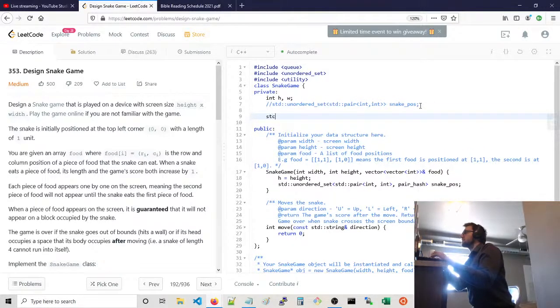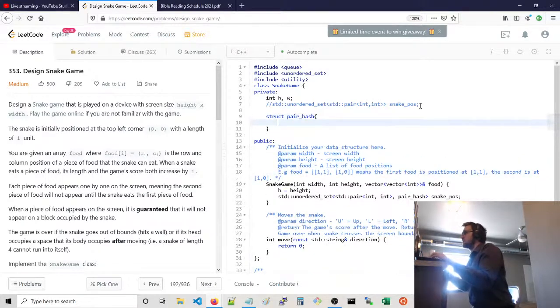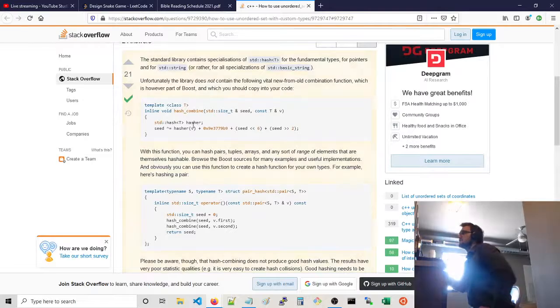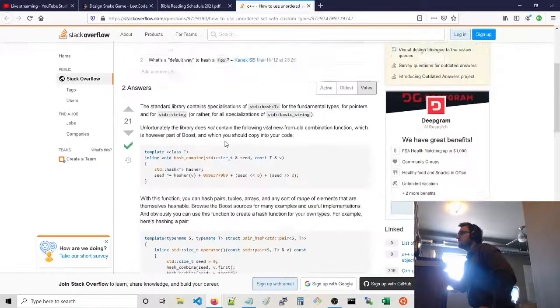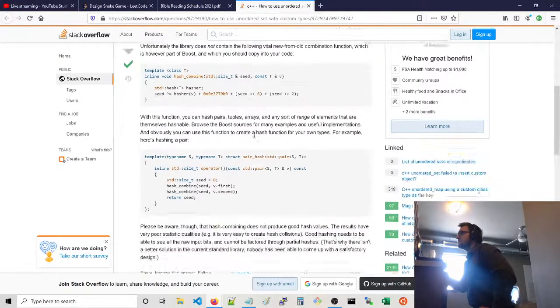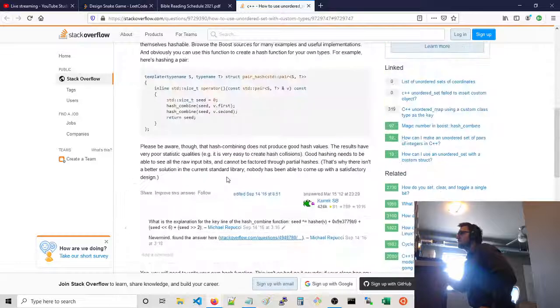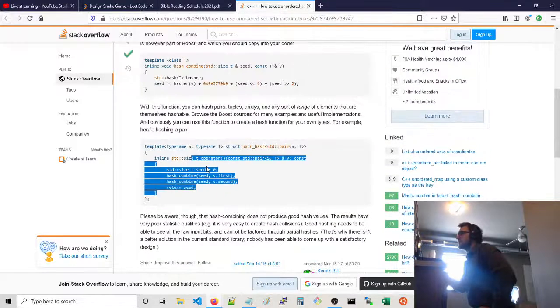How does this work? It's a struct. Can I do a private struct pair hash, which uses const bool? No. How did they do this? Hold on. It's another way to hash things.